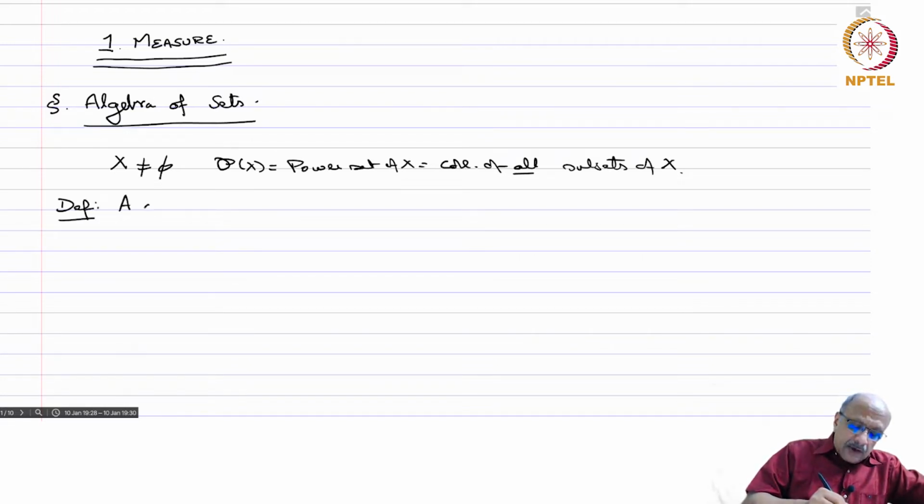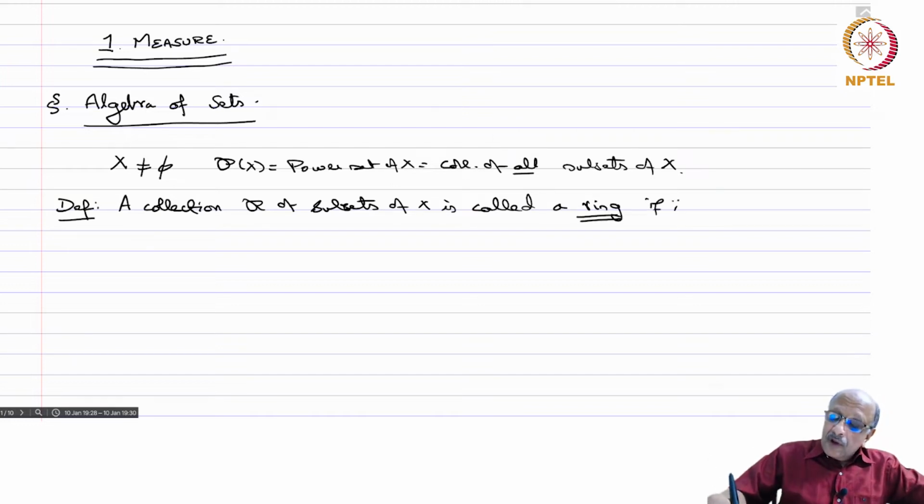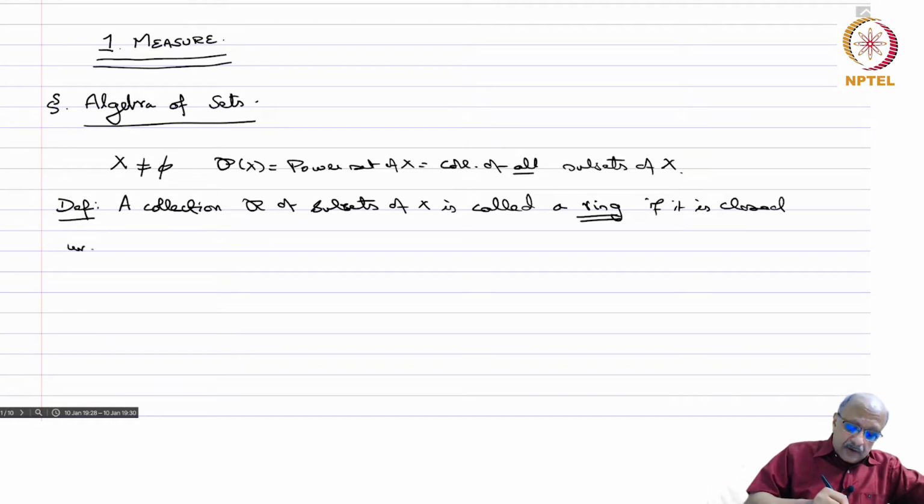A collection R of subsets of X is called a ring if it is closed under formation of unions and differences.